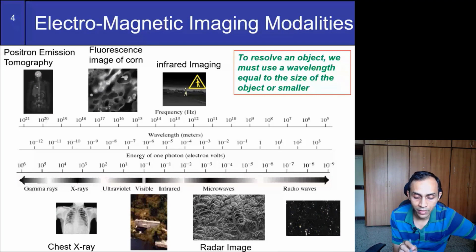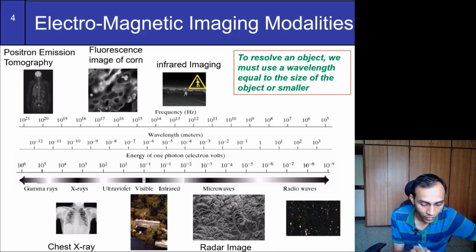We will need different wavelengths to capture different types of objects, because this criterion needs to be met. That's why we have to use different modalities for capturing different scene elements.